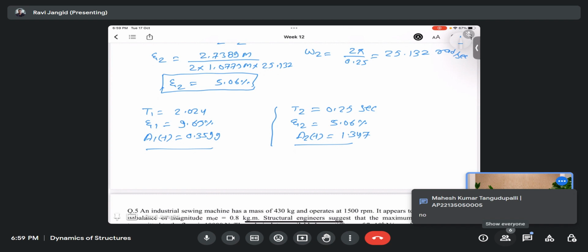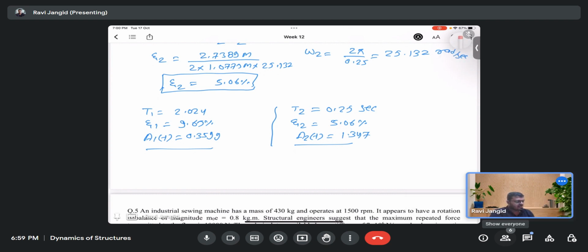So let us make a table for the base shear. Base shear in mode 1 and mode 2. What is the An?